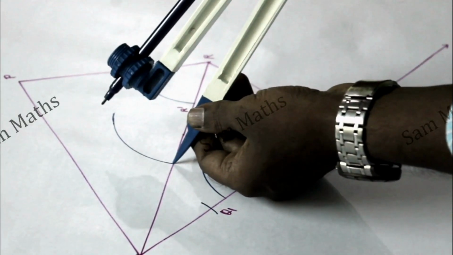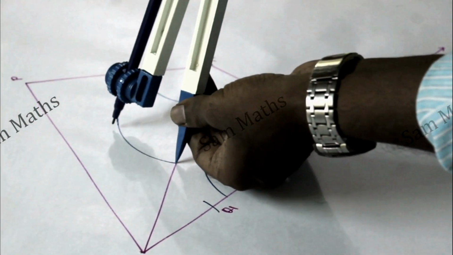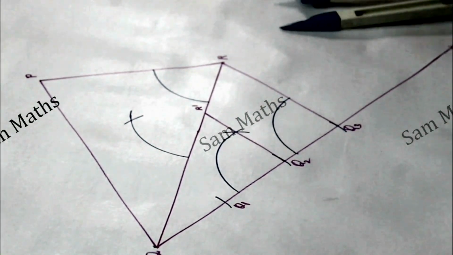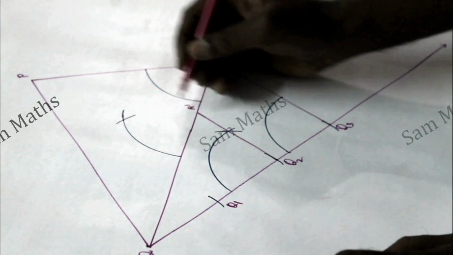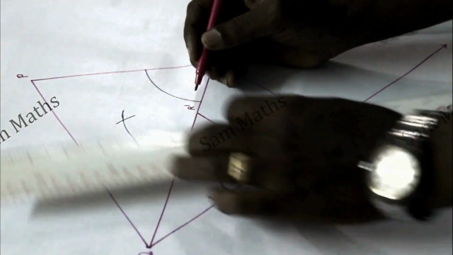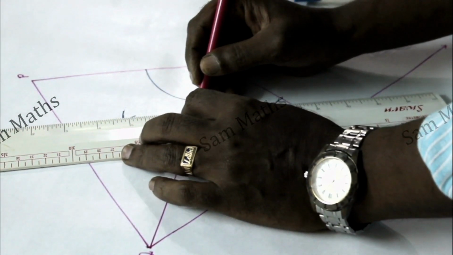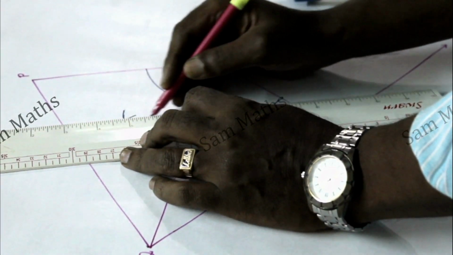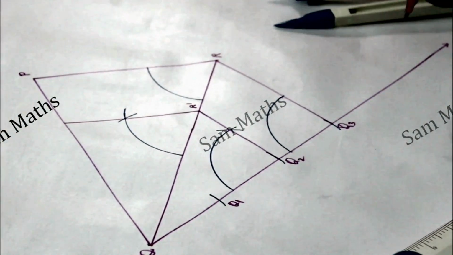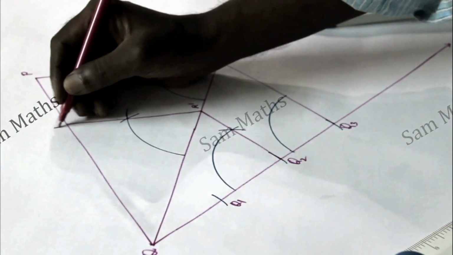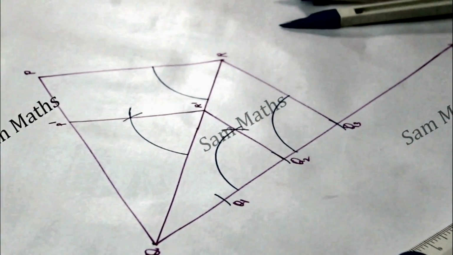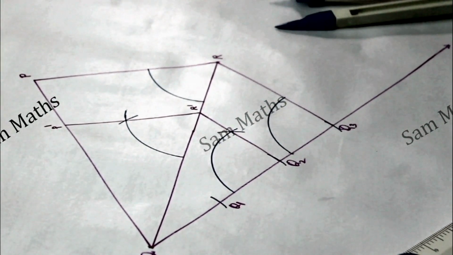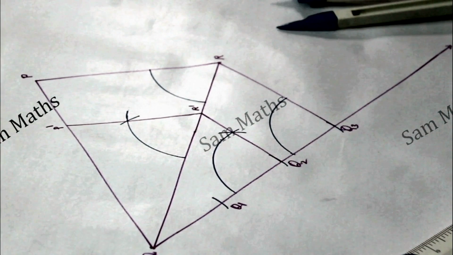Now, you have to cut the previous arc with the same radius what you measured. Now, you have to join R dash and this point of intersection. Therefore, we are getting another line. This point of intersection is P dash. Now, it's very clear that PQR and P dash QR dash are similar triangles.